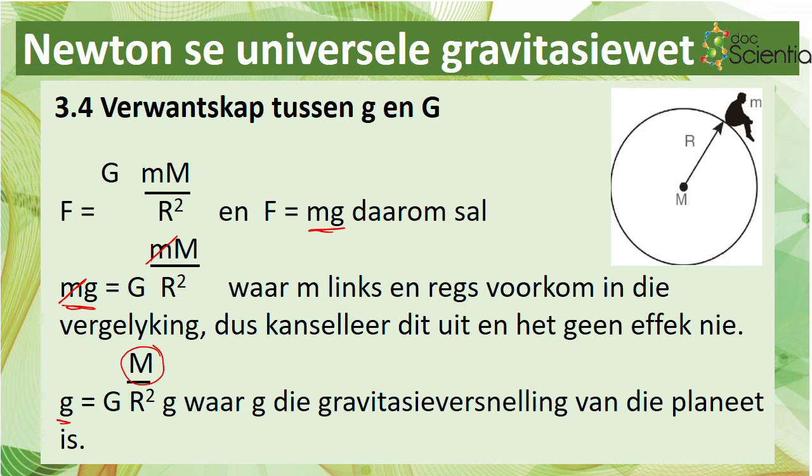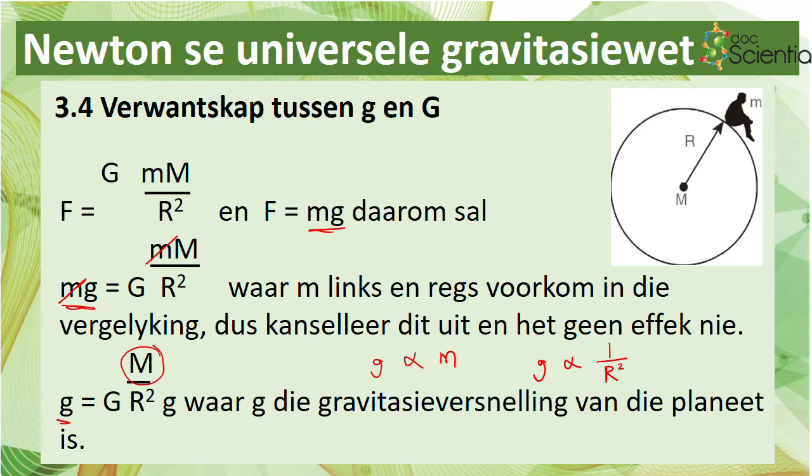Bigger. Look. G is directly proportional to m. Do you see? Because m is at the top. And G is inversely proportional to the radius of the planet squared. So a small heavy planet will have a very big gravitational acceleration.